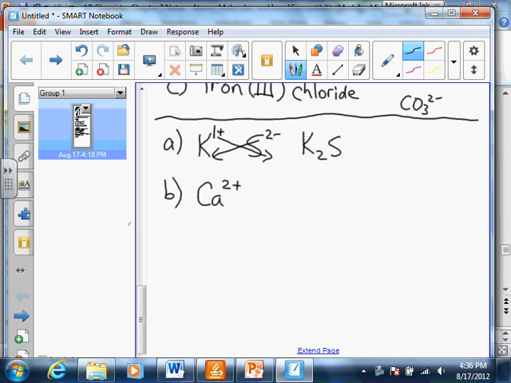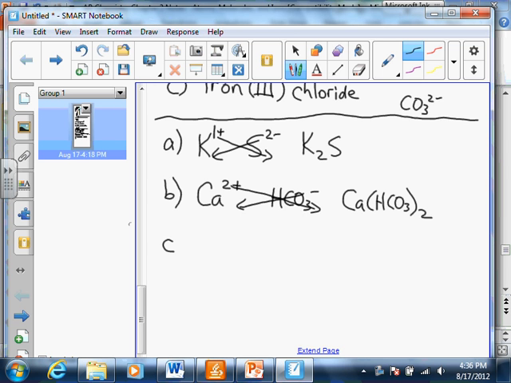If you put a hydrogen in front of it, then it's HCO3 1 minus. That hydrogen is a 1 plus, so it cancels out one of the minuses on the CO3, and you end up with HCO3 1 minus. When you crisscross these, you end up with Ca(HCO3)2.